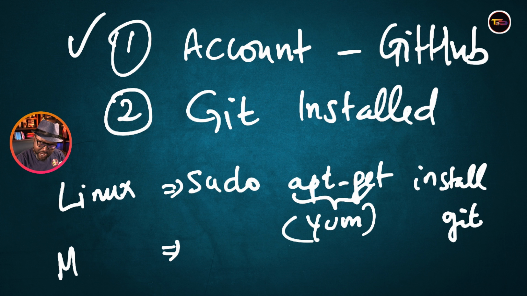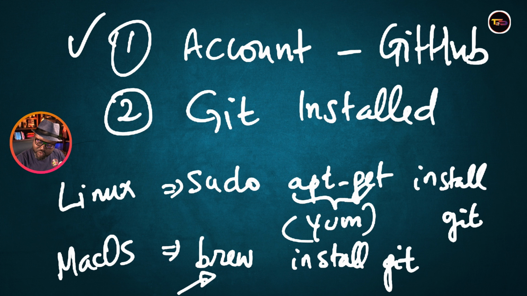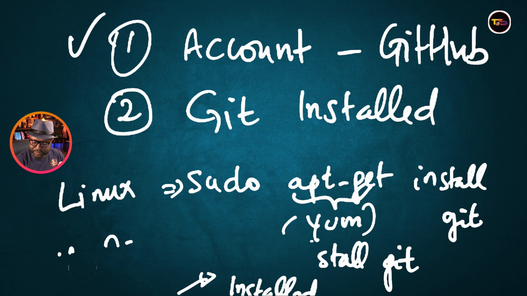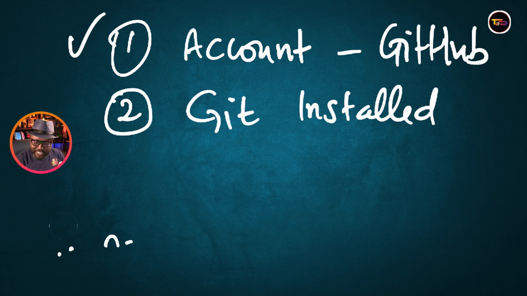If you have a Mac OS system, what you do is brew install git. Remember, make sure that brew is also installed first on your system if you have a Mac OS computer. The next is Windows.